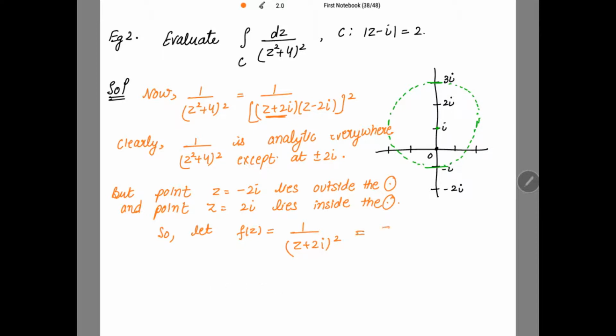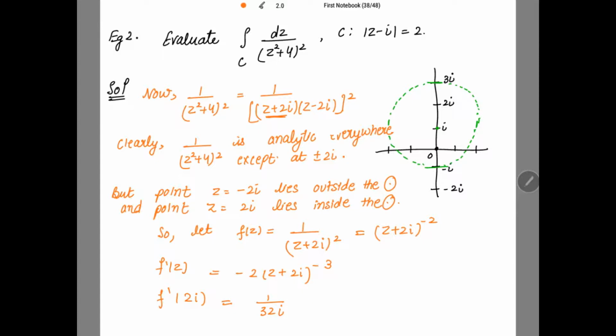This can be written as z plus 2 iota to the power minus 2, because we also need f dash z, so that is equal to minus 2 (z plus 2 iota) to the power minus 3, and the value of f dash z at 2 iota is equal to 1 over 32 iota.